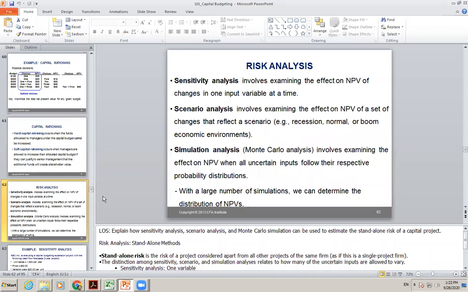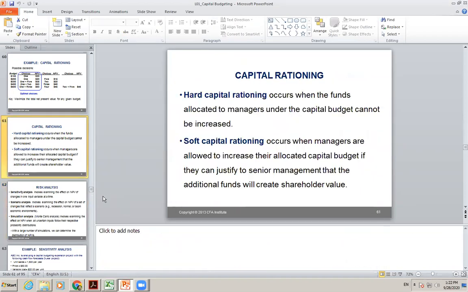Now, last time we talked about capital rationing. We said capital rationing has been divided into two parts, hard capital rationing and soft capital rationing. Hard capital rationing occurs when funds are allocated to managers under a capital budget, and this cannot be increased under any circumstance. So whatever money you're given, you have to use that money and make your decision based on the budget that you're given.